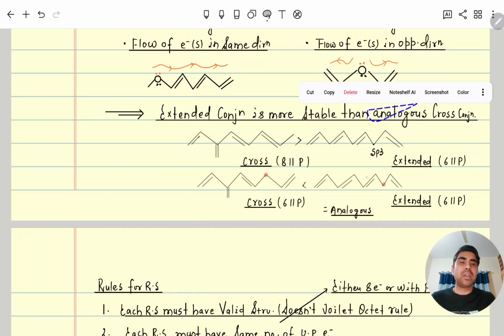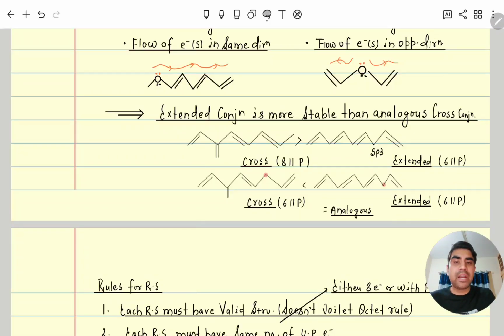Analogous means both should have the same number of parallel p orbitals. Like here you can see that generally electrons will flow more in the extended as compared to the cross. Generally, extended is more stable than cross. Why?